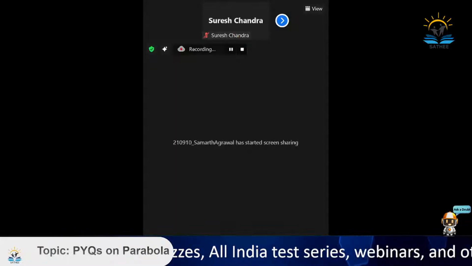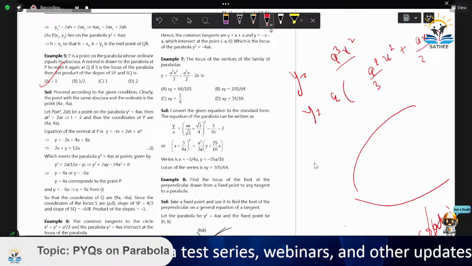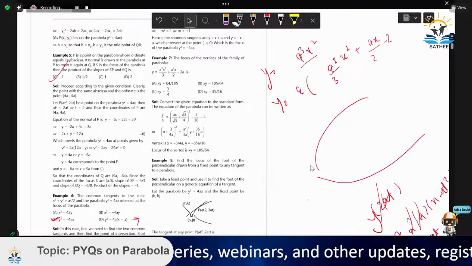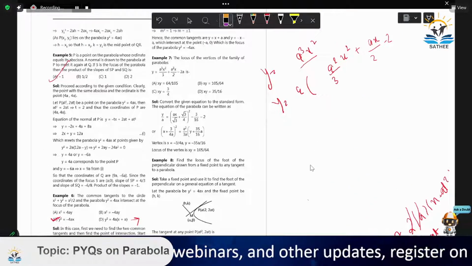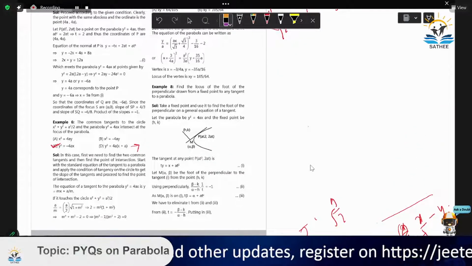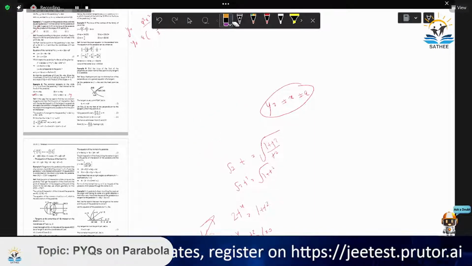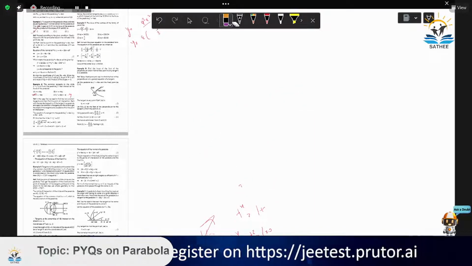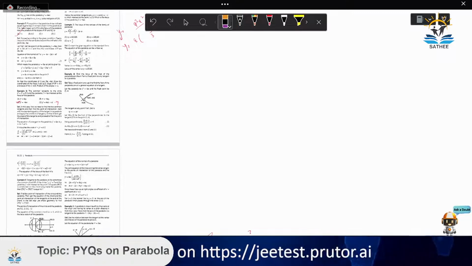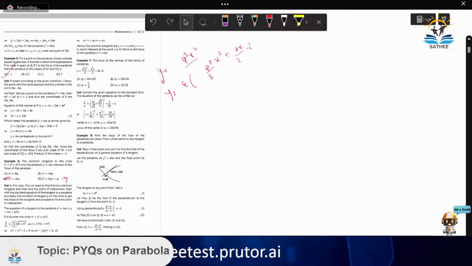X square plus ax by 2 minus 2. Let me first erase the previous work and then get back to the new question. Okay. So this is what we have with us.